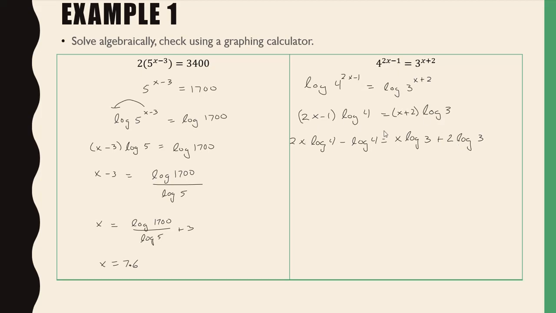Now we have x in two terms, so I want to put all the x terms to one side. I'm going to leave this 2x log 4 here, I'll subtract x log 3, and all the terms without an x in them, I'm going to add to the other side. So I'm going to add our log 4 to the other side. We still have this 2 log 3.